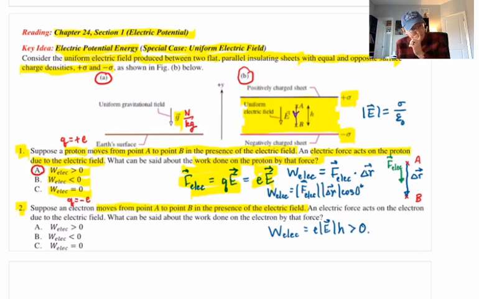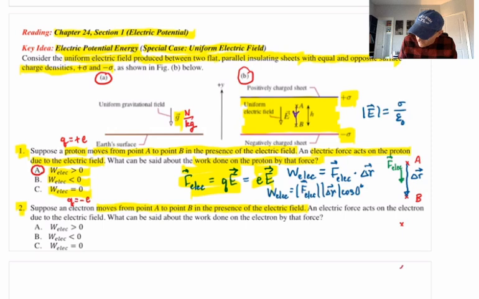Now, this is a little tricky. Let me get myself some room here. Okay? Let's draw a picture over here to the side. The A and the B points. And I am definitely going to have the electron move from A to B. So that's its displacement. But let's think about the direction of the F electric.